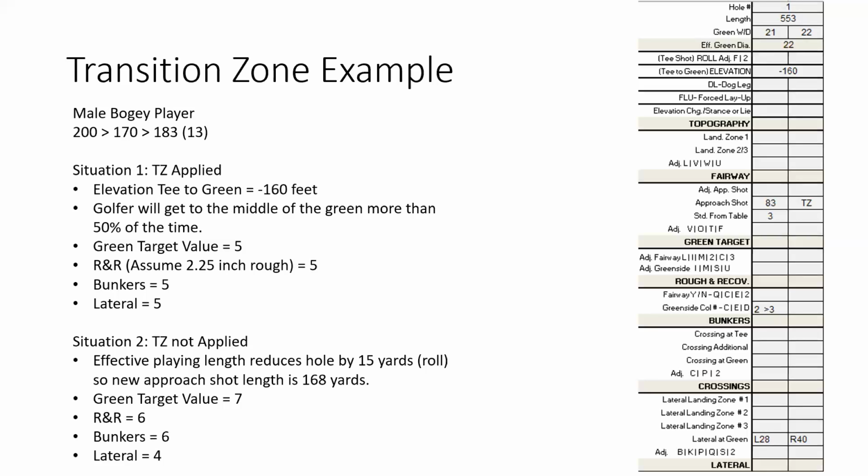Aren't you averaging the short and the long for the level? No, that's the old way of doing it. In this case, Gene, we're assuming that the player is going to get to the green, so we're only making one lateral observation, and we're using that 183 yards to determine what that number is.